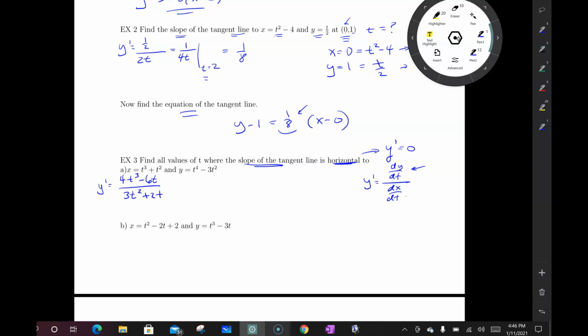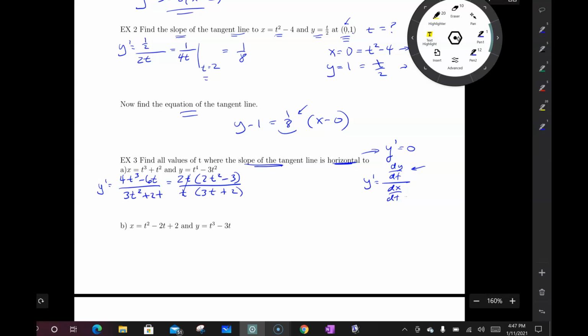So just trying to see if there's anything in common. Let's factor some things out. So if I factor out 2t, and let's make sure I did that right. Yep. And then if I factor on the denominator a t, so t's will cancel, correct?